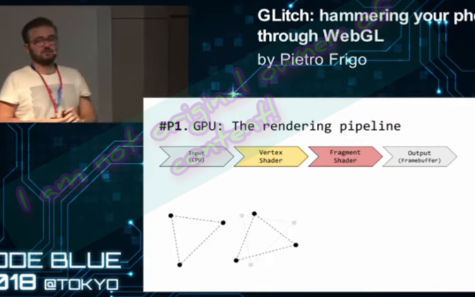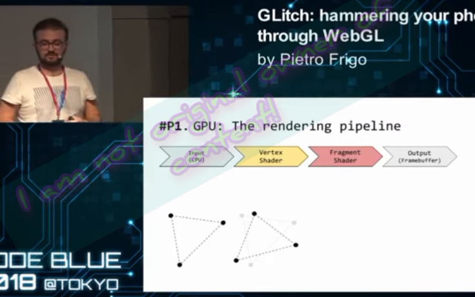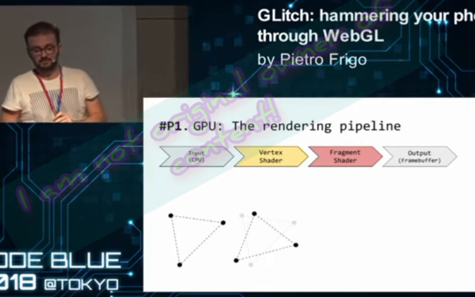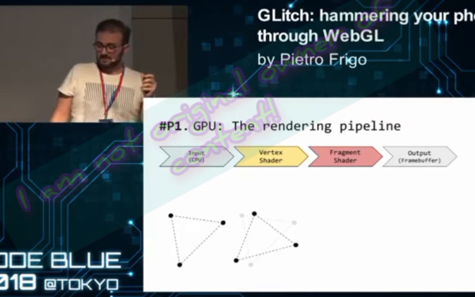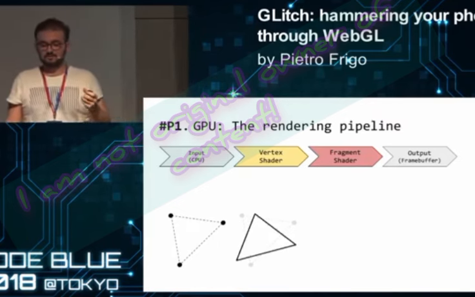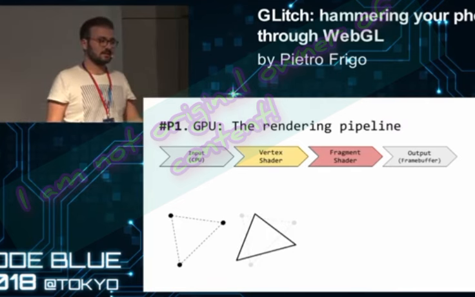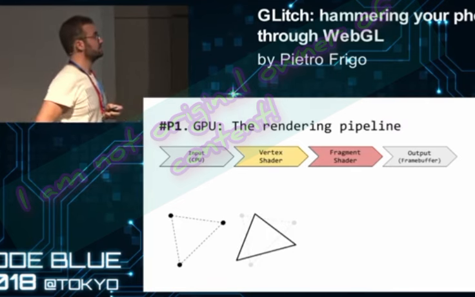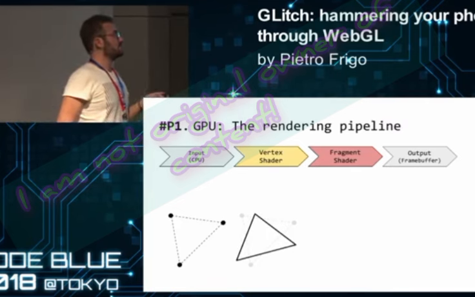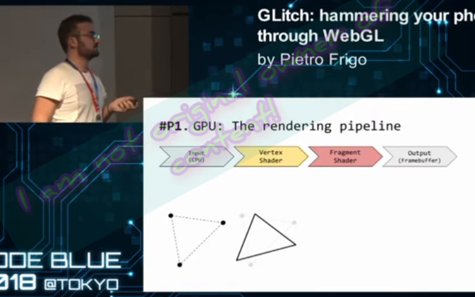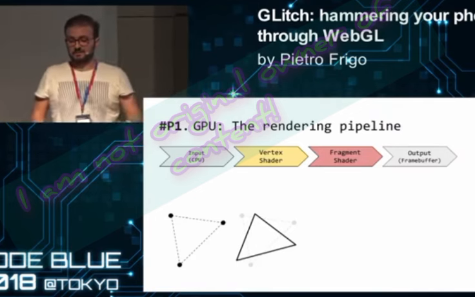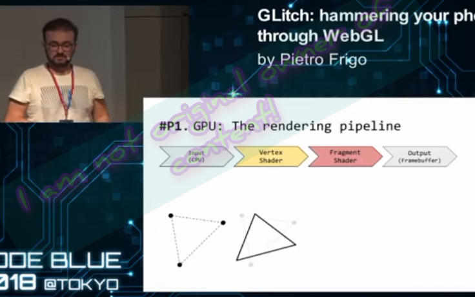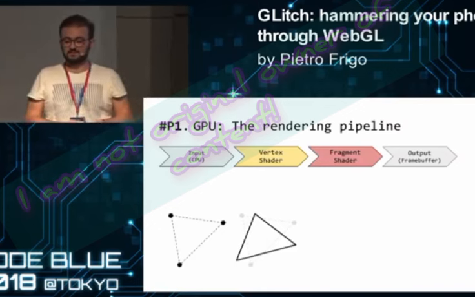So these computations are usually rotations or translations, and then you get the output, the modified vertex. At the output of the vertex shader, you will get a polygon, which basically is the edges that connect these different vertices. And the polygon contains all the pixels inside these edges. And they're not exactly pixels, they're actually called fragments, and the fragments are the ones that get sent then to the fragment shader.